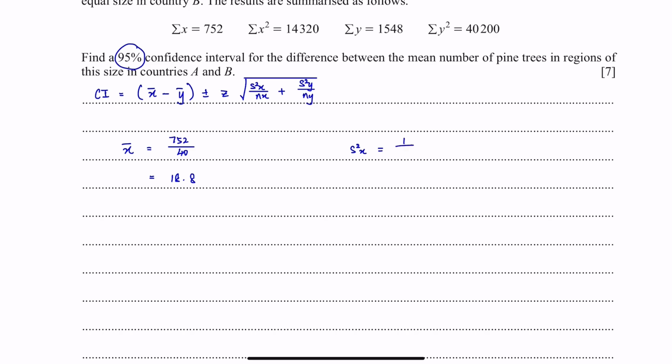We have 1 over the number of x minus 1, which is 40 minus 1 equals 39, times the sum of x squared, which is 14320, minus the square of the sum of x, which is 752 squared, over the number of x, which is 40. So this would give us 304 over 65.